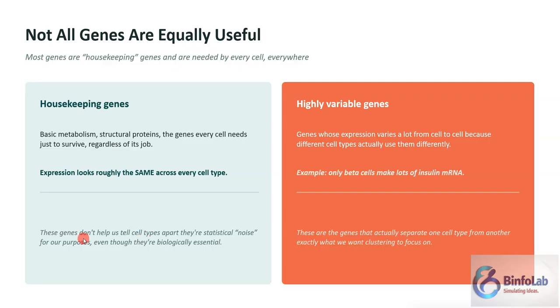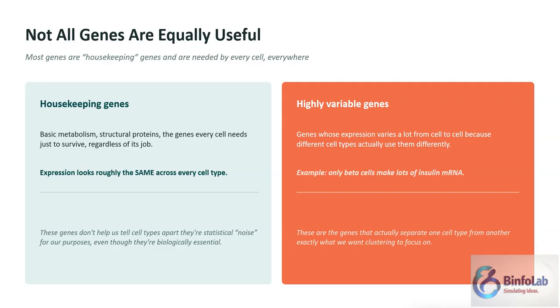These genes do not help us tell cell types apart. They are statistical noise for our purpose, even though they are biologically essential. Why do we call a housekeeping gene a kind of statistical noise? Because we are assured that these genes will be expressed, and they are expressed almost the same way in all of the cells.